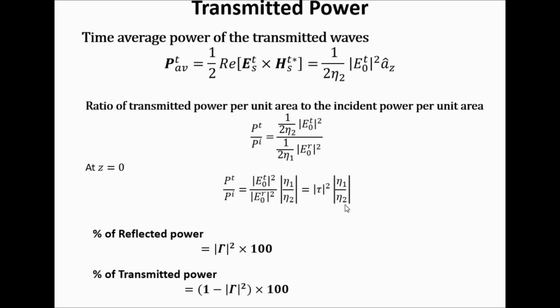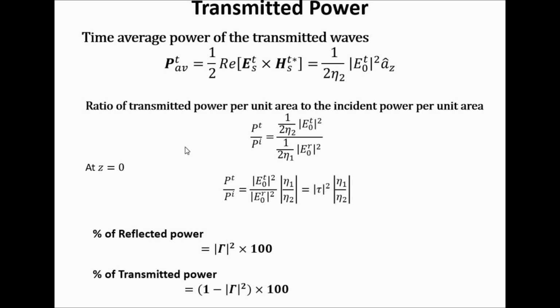Recall the previous slide: PR over Pi, the reflected power over the incident power, was gamma squared. But the transmitted to incident power ratio is not simply tau squared. It is tau squared, but there is a factor eta 1 over eta 2. Students sometimes make the mistake of writing it simply as tau squared, but be careful.